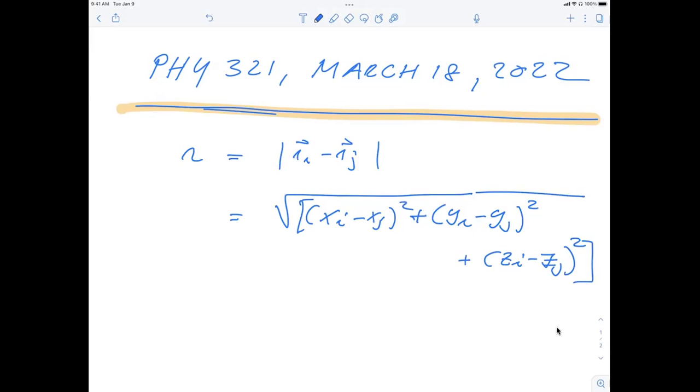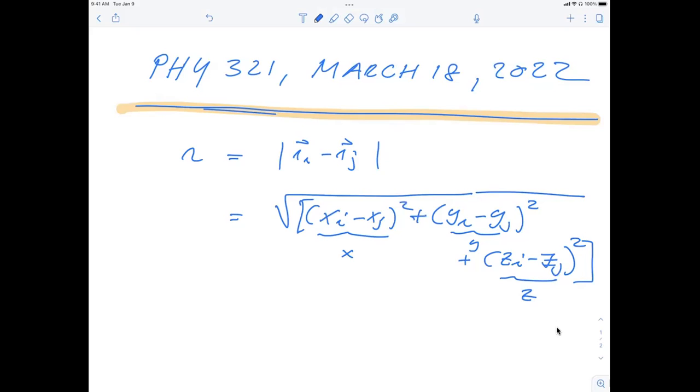Now, this means that we could call this a new coordinate x, and we could call this a new coordinate y, and we could call this a new coordinate z. There's nothing which hinders us in defining these as the new degrees of freedom.